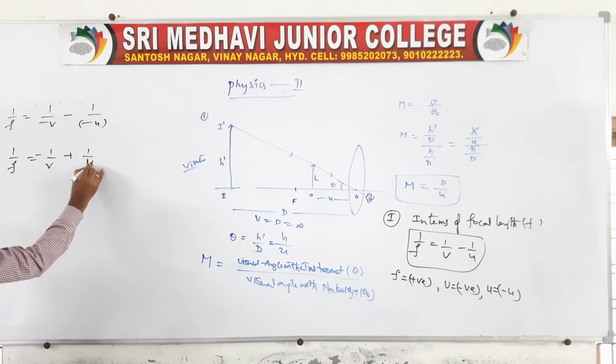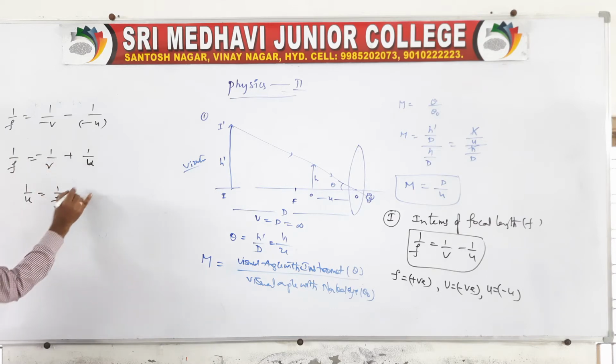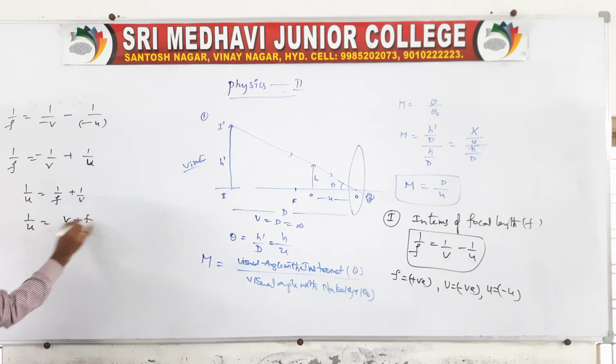So we calculate 1 by u: 1 by u is equal to minus 1 by f, and taking this side, it becomes 1 by v. So 1 by u is equal to v plus f by fv.